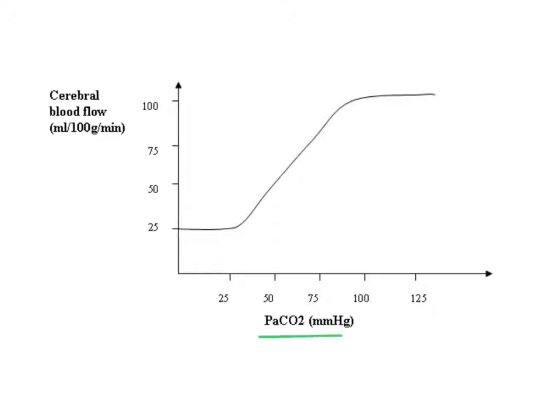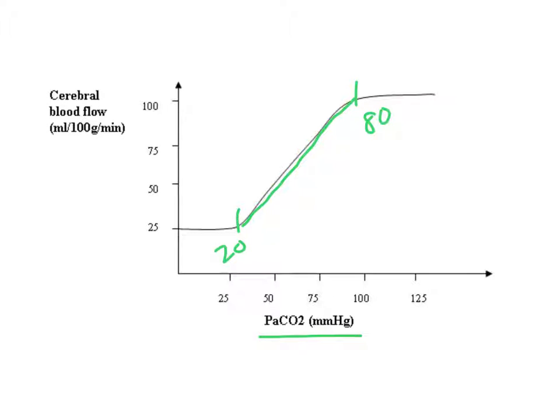Next is PaCO2. The relationship between PaCO2 and cerebral blood flow is nearly linear between approximately 20 and 80 millimeters of mercury.